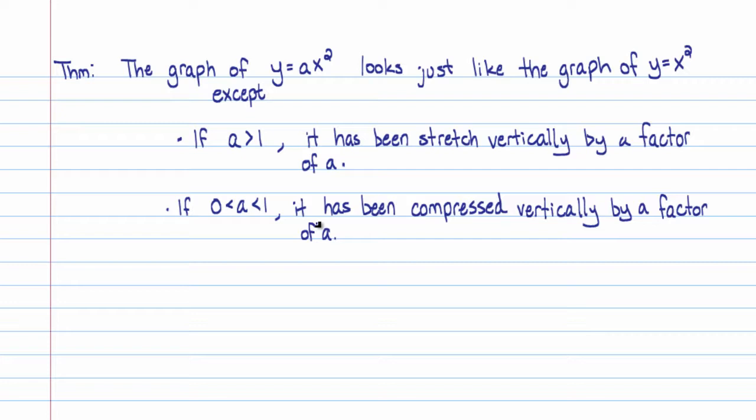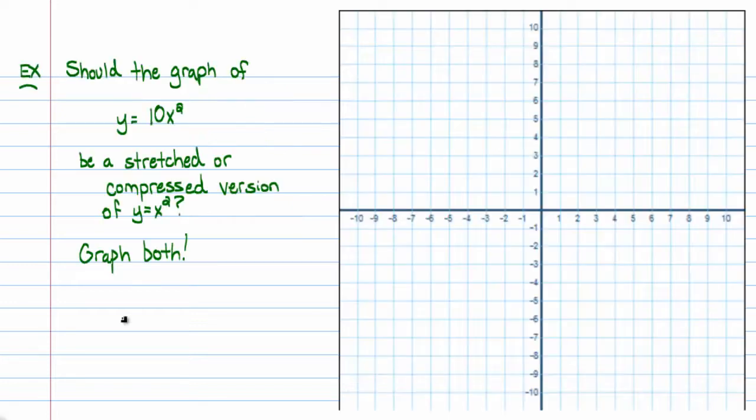So let's do an example here. This is a good kind of question to ask for any student. Should the graph of y equals 10x squared be a stretched or compressed version of y equals x squared? What this is telling me is that y equals 10x squared looks almost like y equals x squared, except everything's 10 times as tall as it used to be.